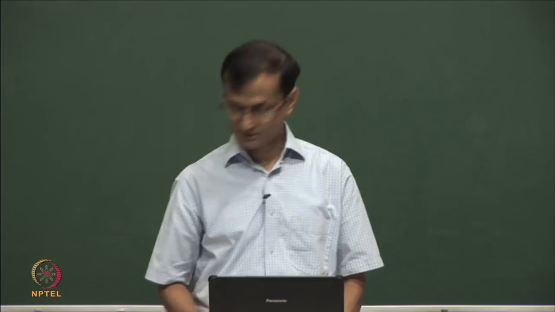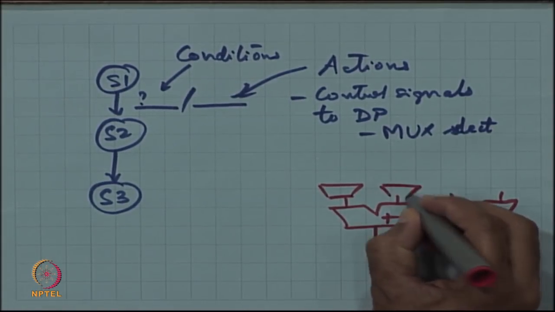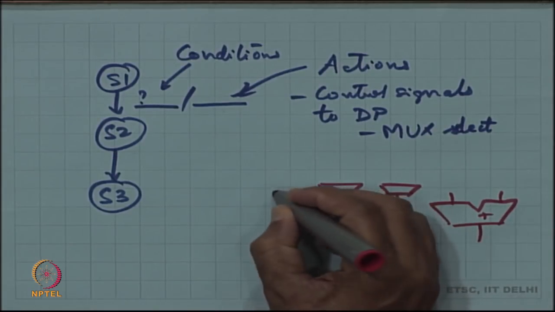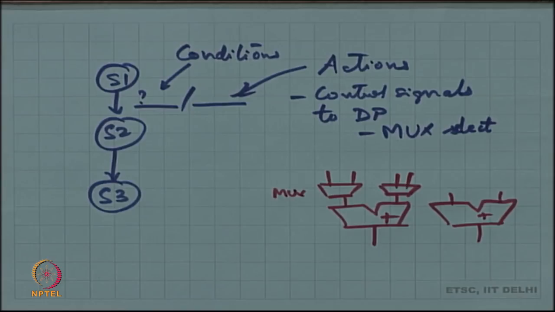There may be a mux, right. So, if that is the adder that is being shared, then I need muxes that have their inputs coming from different sources. How many inputs would there be to that mux? It depends on how many distinct places you are getting your data from, as far as that particular adder is concerned. So, that is certainly there.